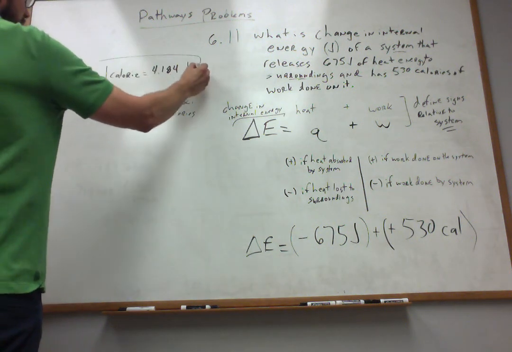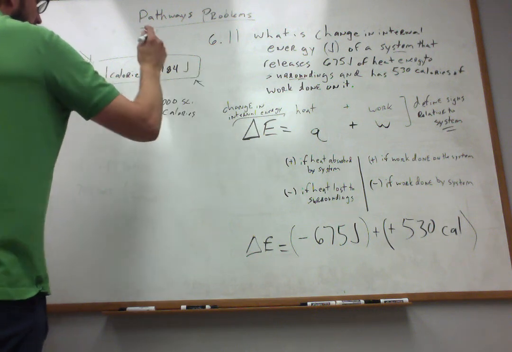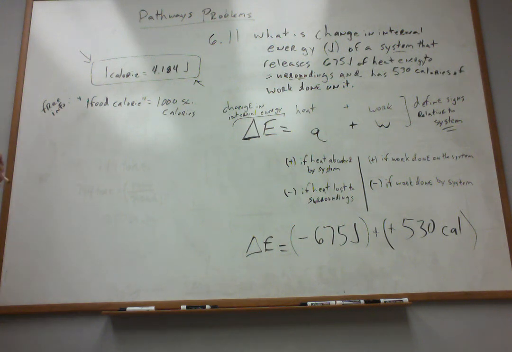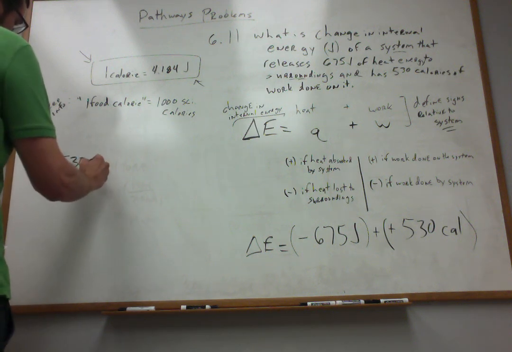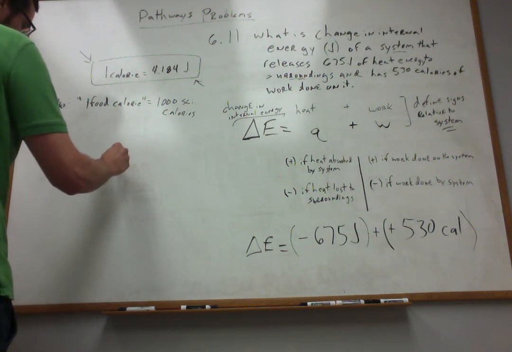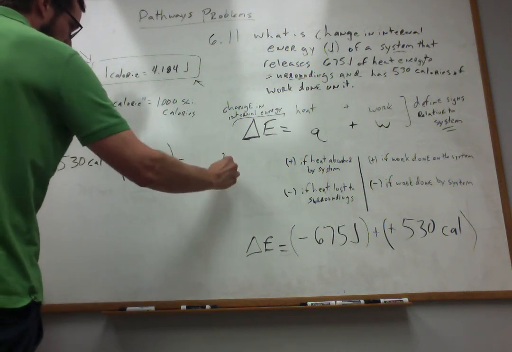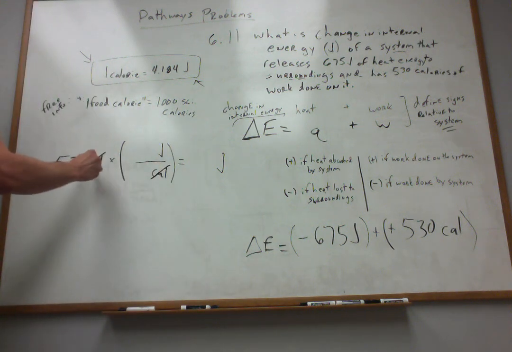A really important conversion factor to help us do this then is that 1 calorie, 1 scientific calorie as I like to call it, is equal to 4.184 joules. Now knowing that my work involved 530 calories, I can easily convert to joules and away from calories. It's just a unit conversion.